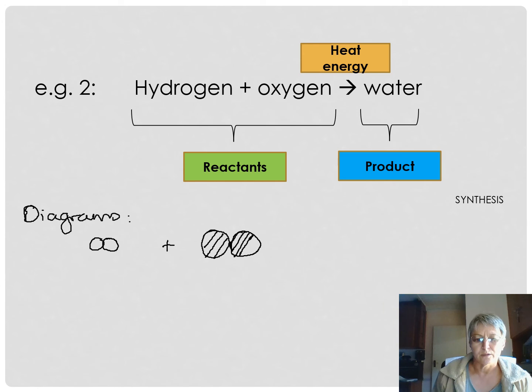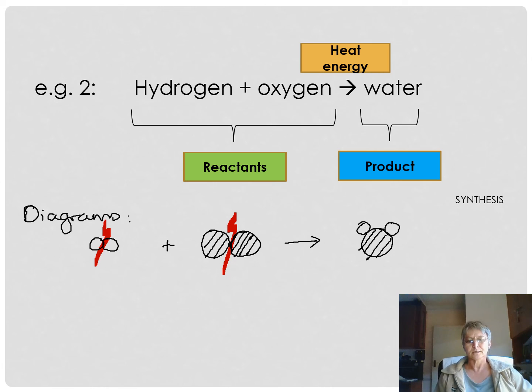There we have our diatomic oxygen, and these bonds break. The bond between hydrogen and hydrogen and the bond between oxygen and oxygen break, and then they come together as oxygen with two hydrogen atoms joined to the oxygen atom.